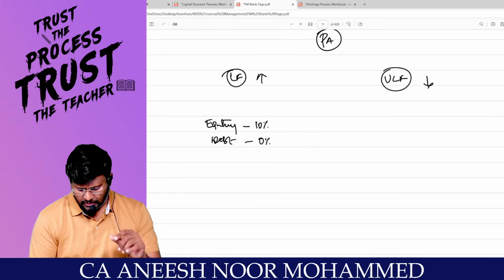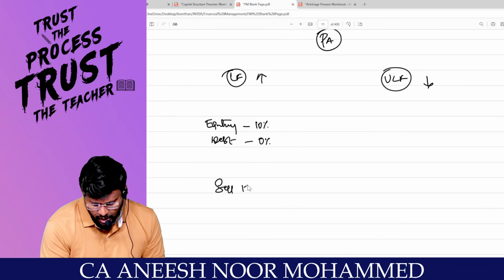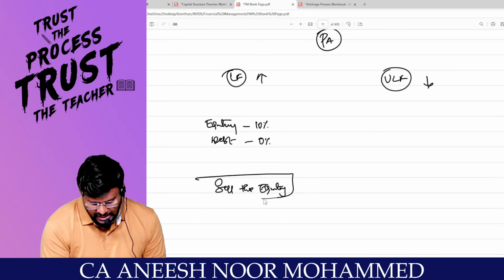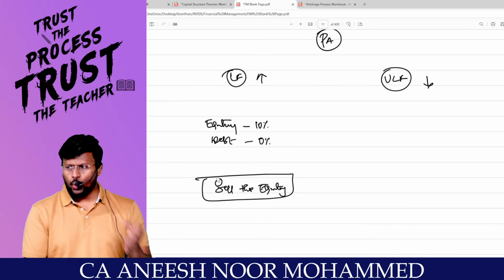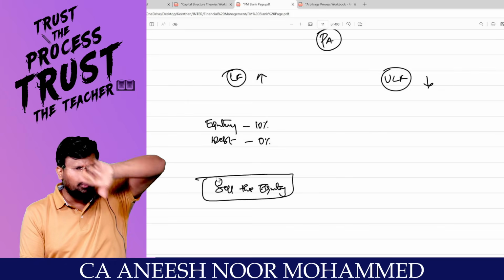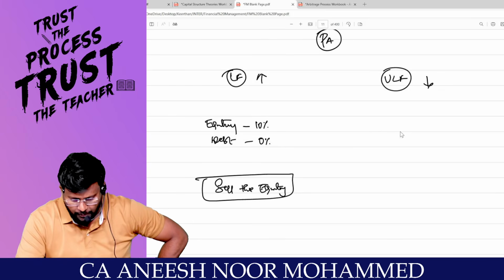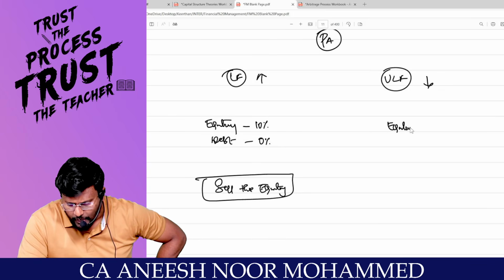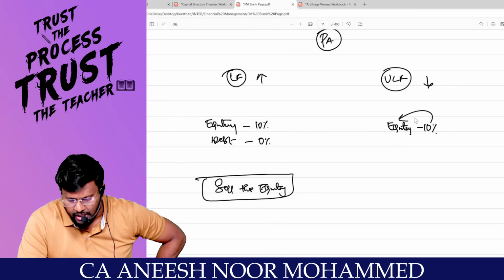You sell the equity in the levered firm, and then you will have money. Now you move into the unlevered firm and invest the 10% in the equity of the unlevered firm.